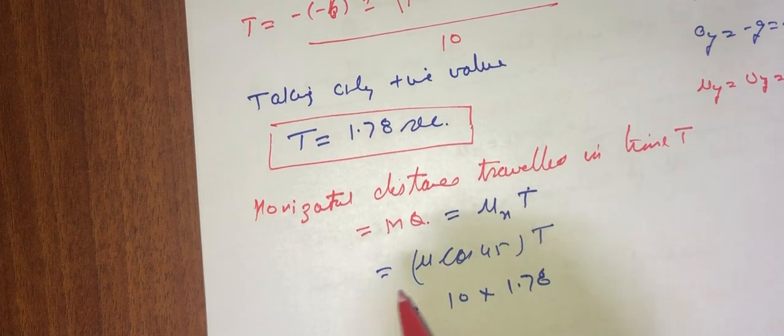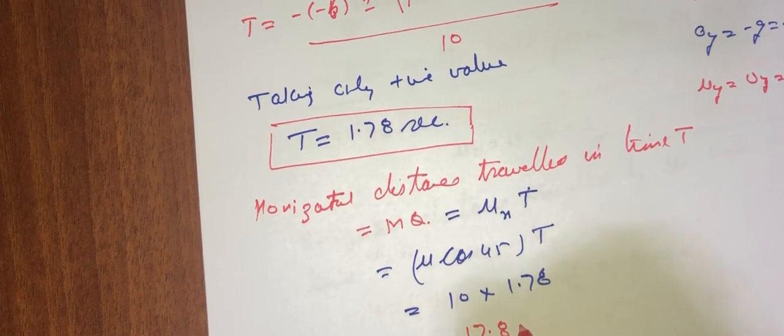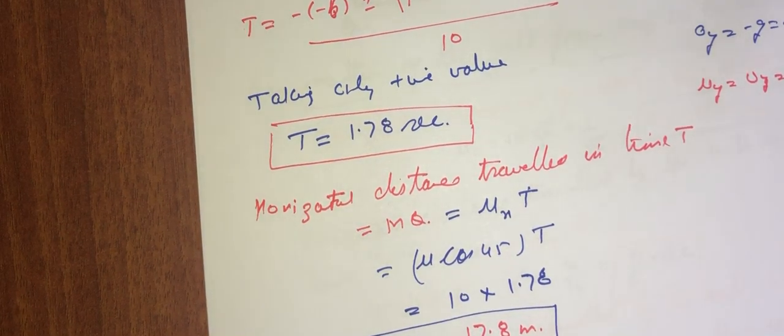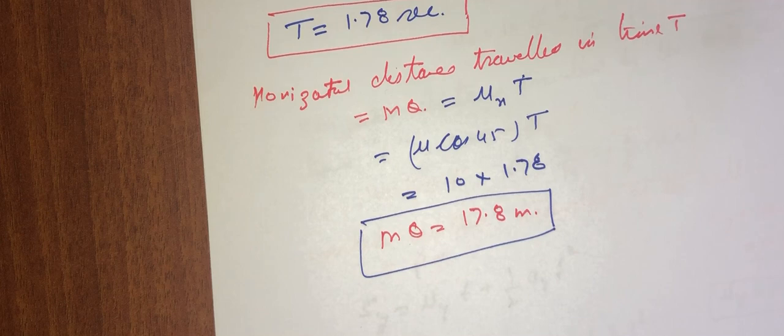So the distance MQ will be equal to 17.8 meters. So this is the distance at which the ball is going to come back to the ground again. Thank you.